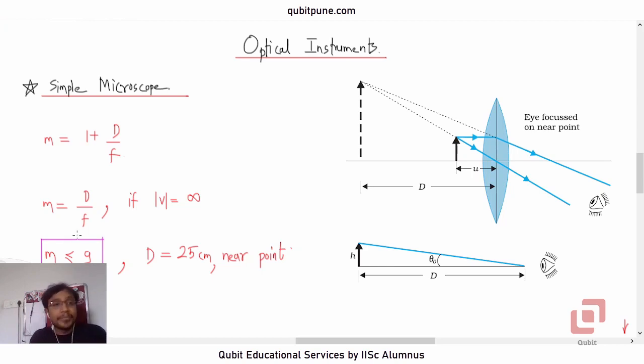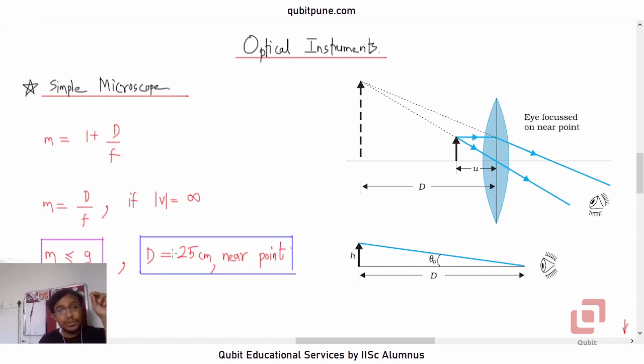Now there are two possibilities here. This distance d is called the near point. If you have placed your object at 25 centimeters from unaided normal eyes, then you can clearly see the object. It can be either object or image.